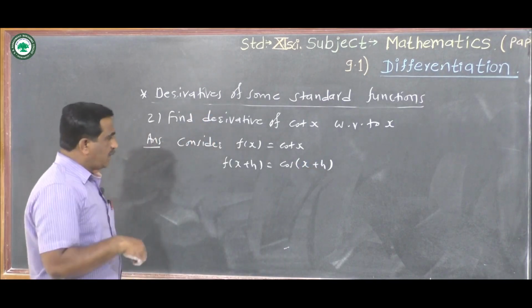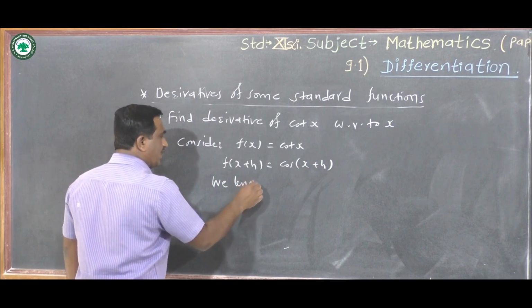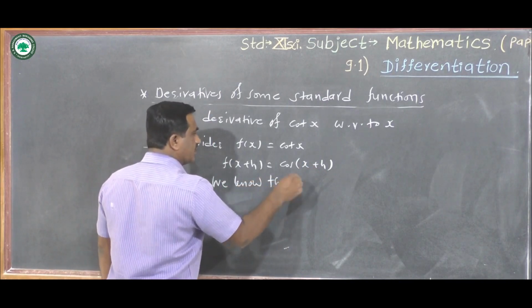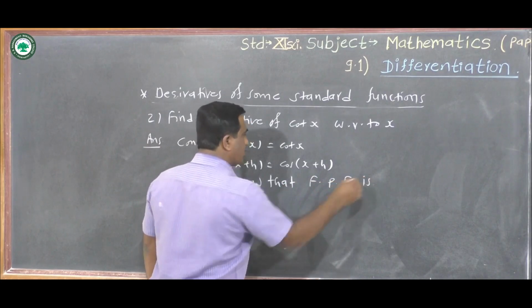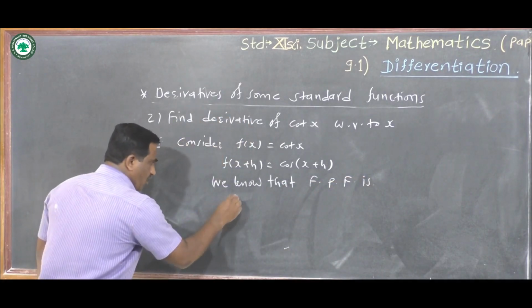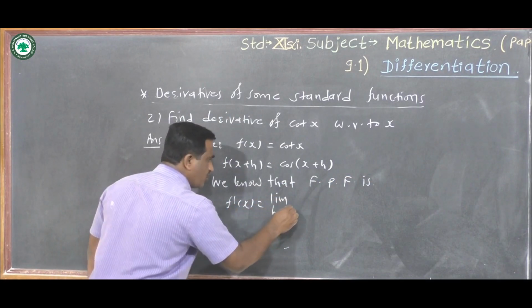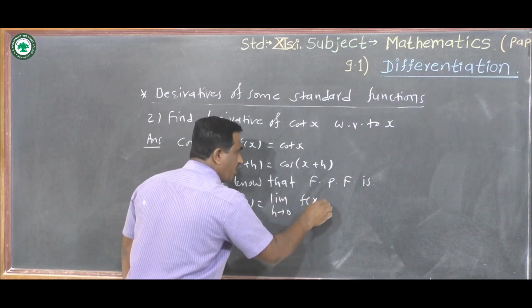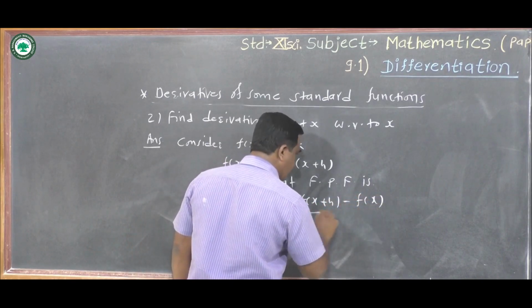Okay, now we know that first principle formula is f dash of x is equal to limit h tends to 0 f of x plus h minus f of x upon h.